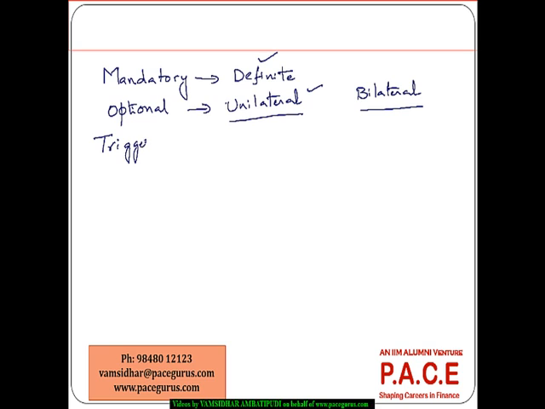In some cases, we can have it trigger based. So there will be some kind of trigger, like a rating downgrade, or you can think of any other kind of trigger. So when this occurs, then we are talking about a trade being terminated. So the trigger should occur before the break clause is executed.